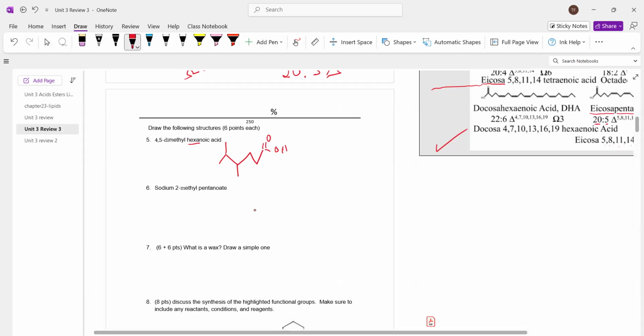Okay, we have it as an acid salt. So we have a branch there.